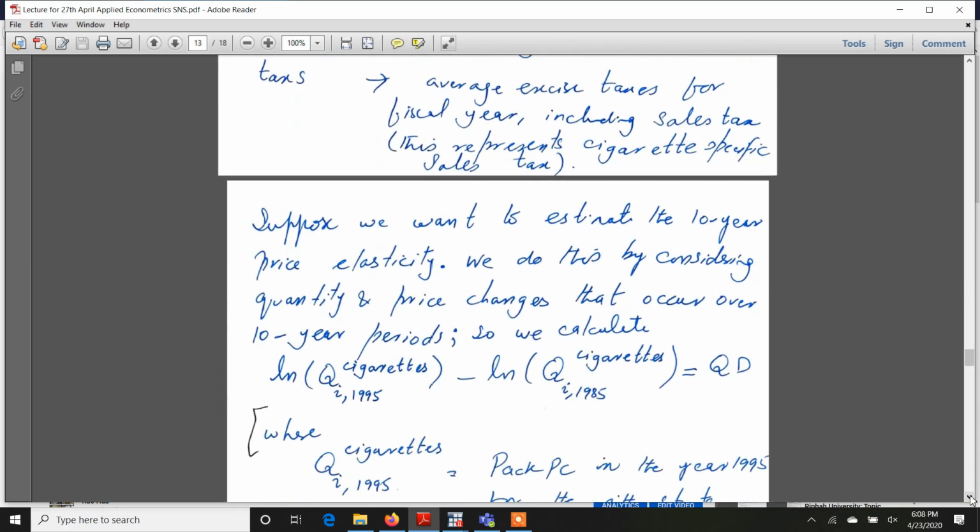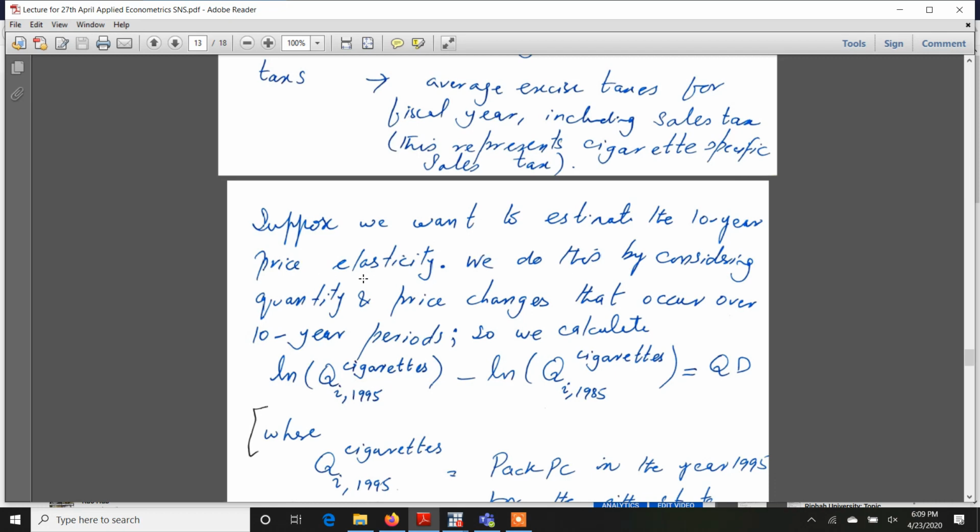Suppose we want to estimate the 10-year price elasticity. For those of the viewers who don't understand the concept of price elasticity, I'd highly recommend you get yourself acquainted with it so that you can understand the discussion that we are progressing with. We want to estimate the 10-year price elasticity.